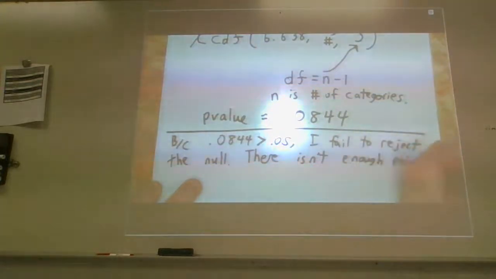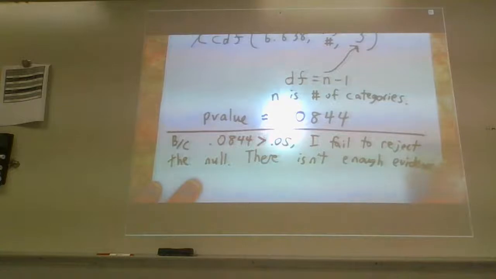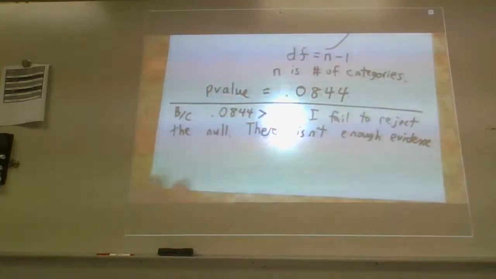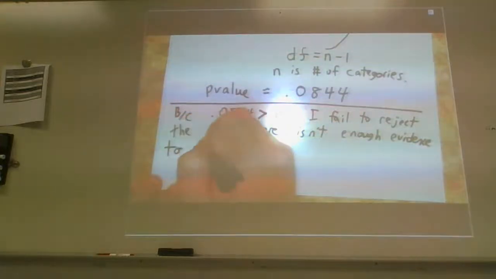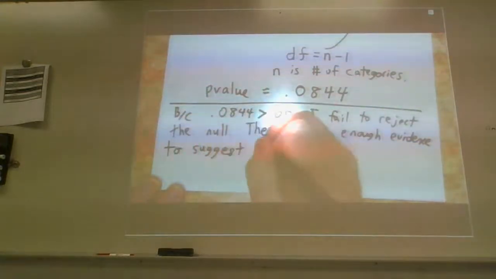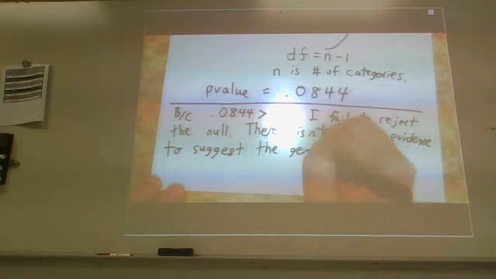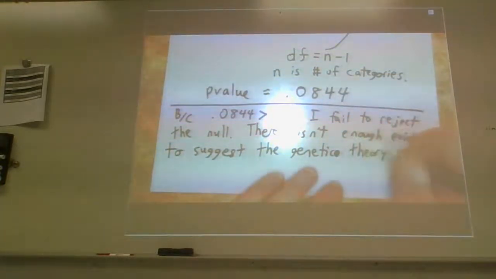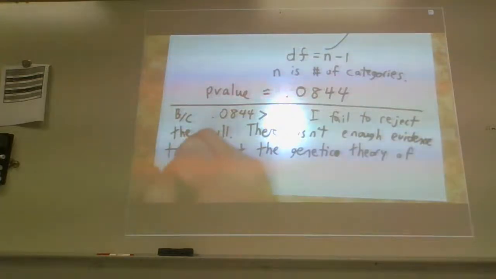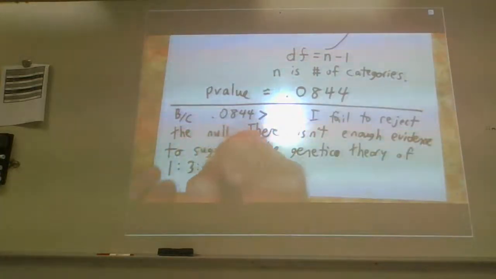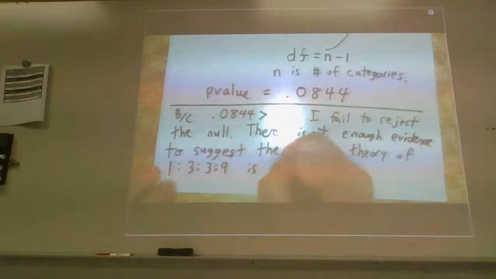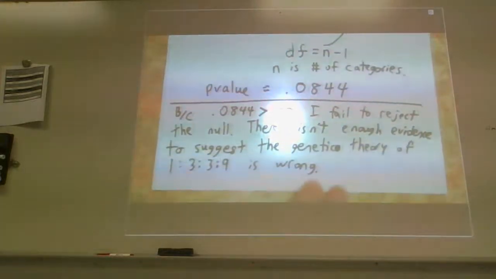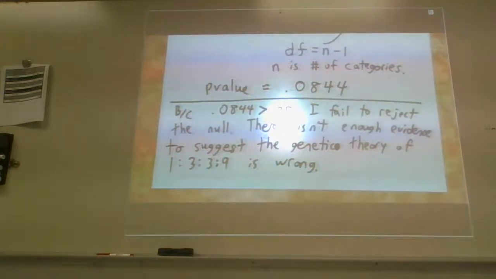One might argue there is some evidence, but I would argue there isn't enough evidence to suggest the genetic theory of 1 to 3 to 3 to 9 is wrong.